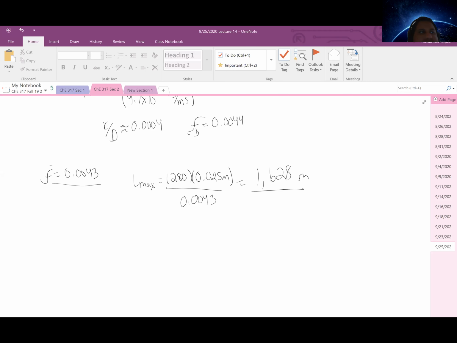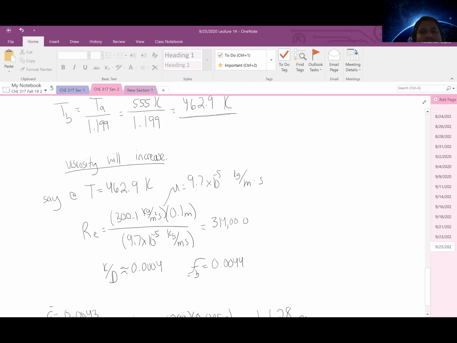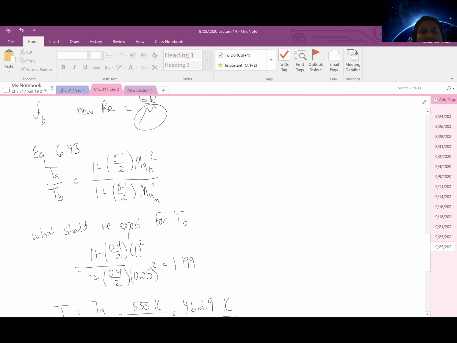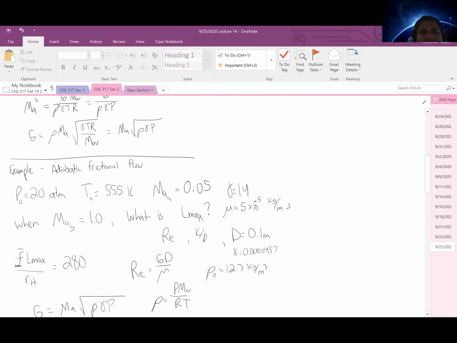Any questions on that problem? Or do you guys begin to see how to apply the equation for adiabatic frictional flow?